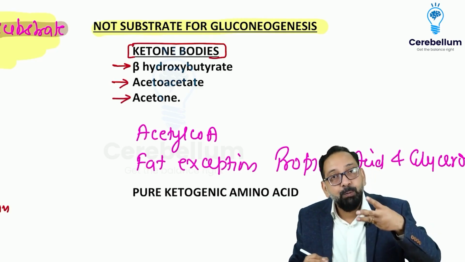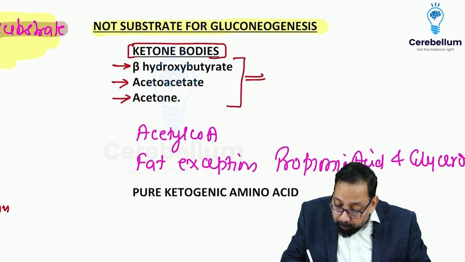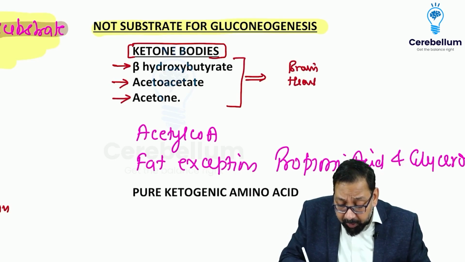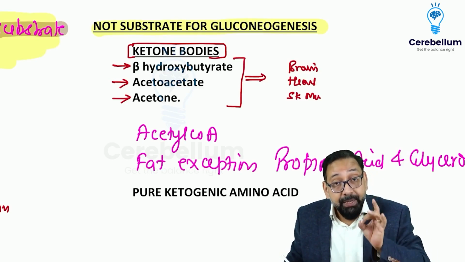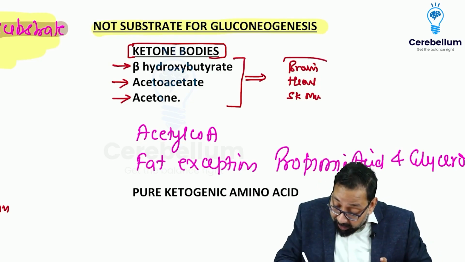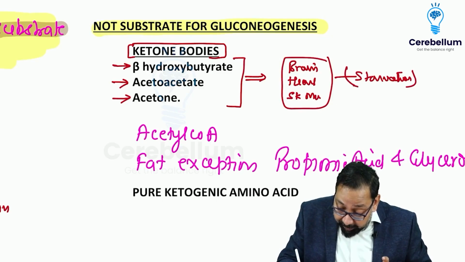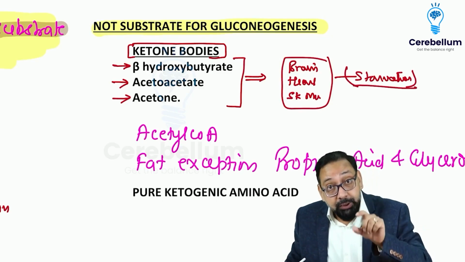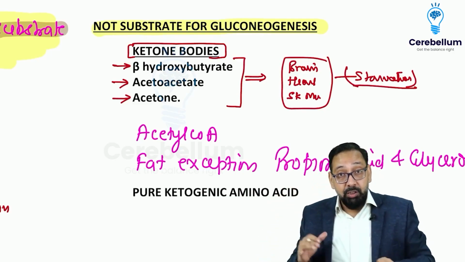And we found that these ketone bodies are food for the brain, heart, and skeletal muscle. Means the most vital structures, brain, heart and skeletal muscle, utilize ketone bodies in starvation. That's why nature decided that these ketone bodies are food for the most vital structures.